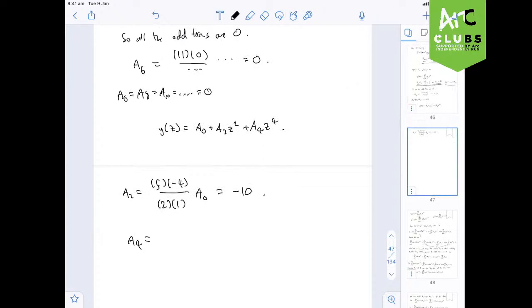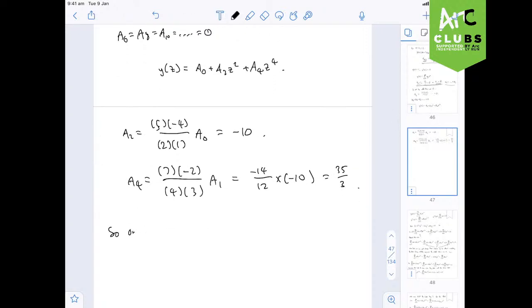And a4 would be subbing in 2 to the recurrence relation, and we get 7 times minus 2 over 4 times 3, a1. And that's minus 14 on 12 times minus 10. That's 140 on 12, which is 35 on 3.